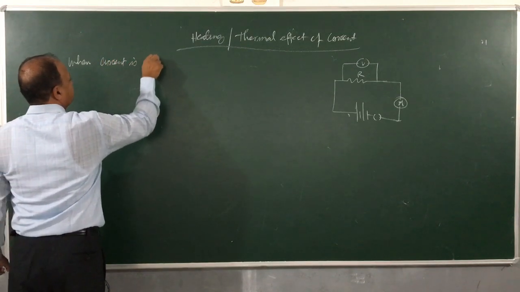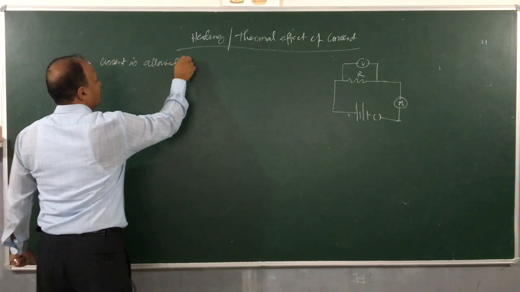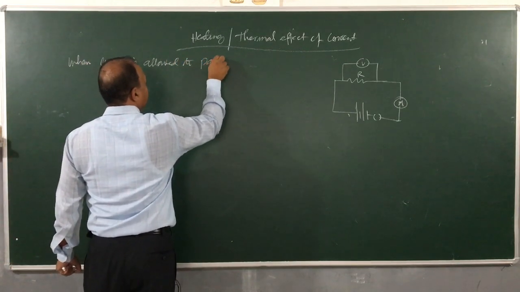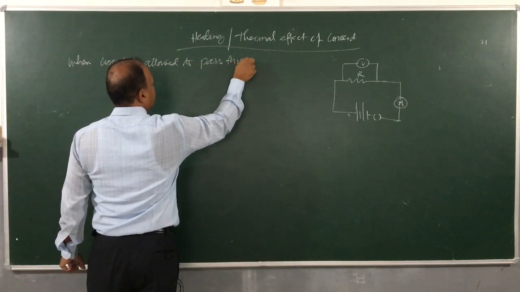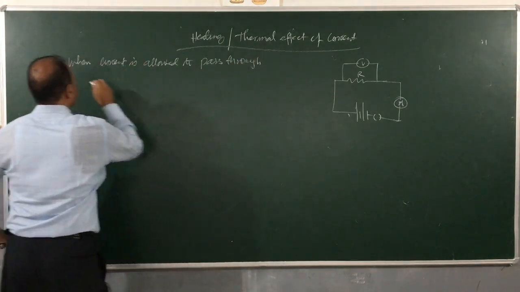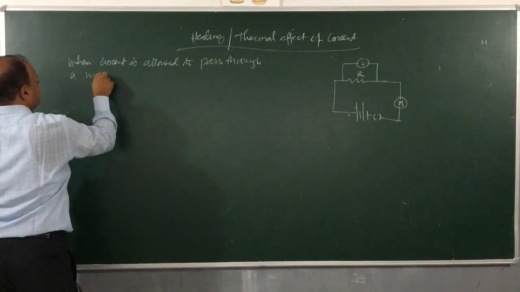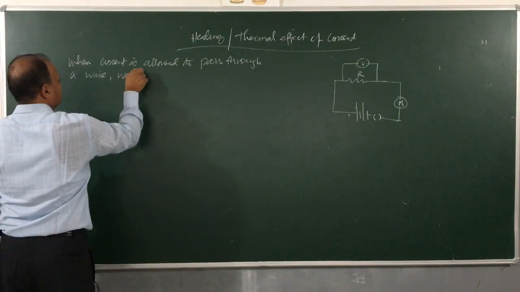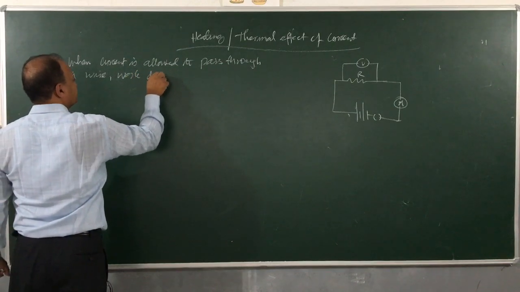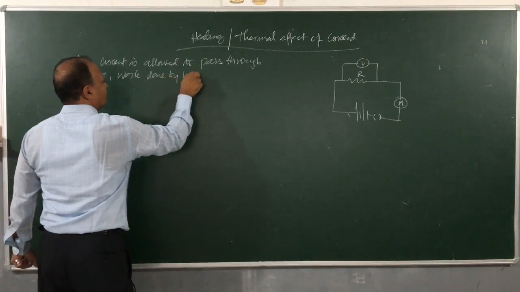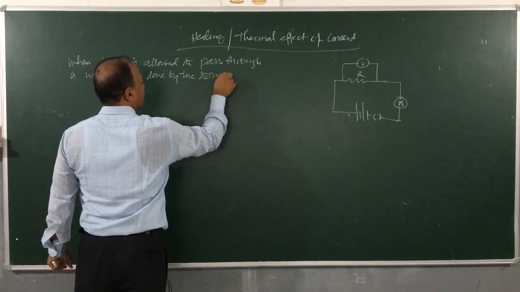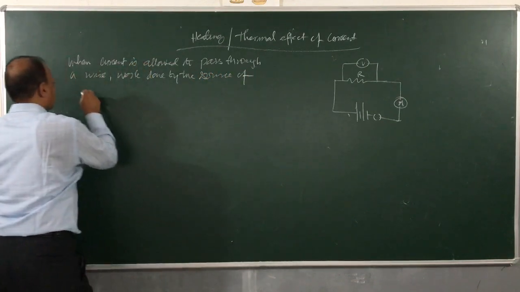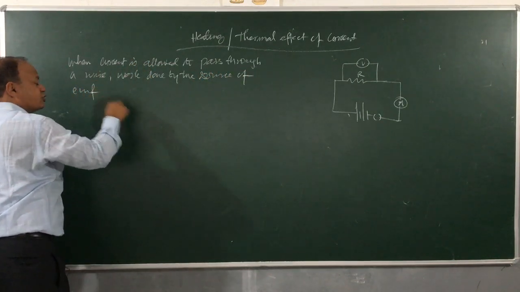So, we define first: when current is allowed to pass through a wire, work done by the source of EMF, and what is a source of EMF?